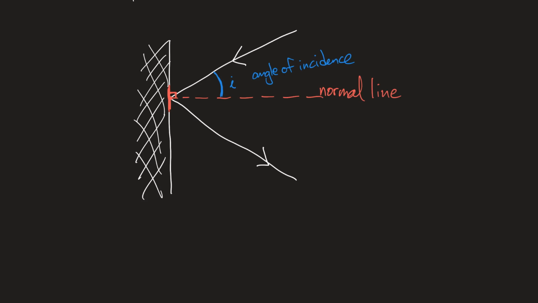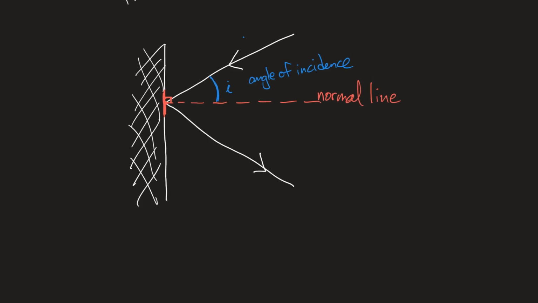And so this ray is called the incident ray. The word incident means kind of the source or where it comes from. So this is where the light came from. It came from the source, and it's kind of the initial light ray that hit the mirror.